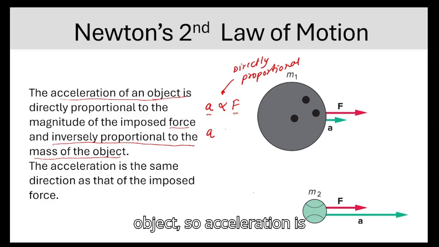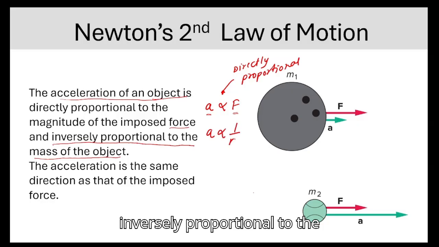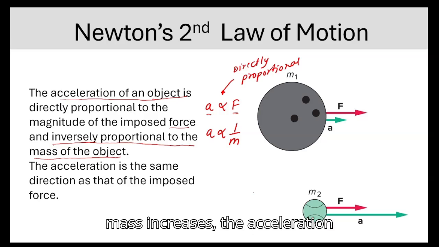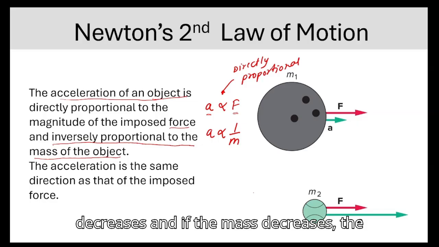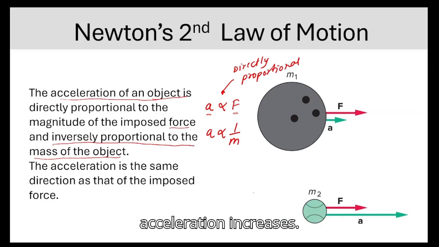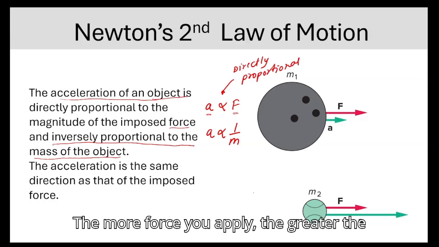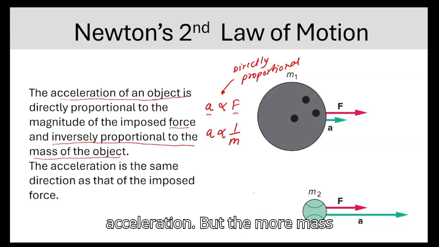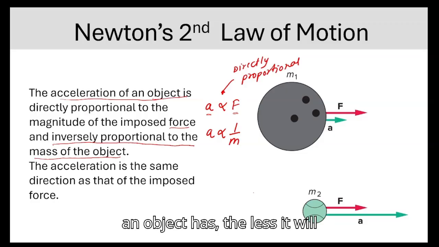So acceleration is inversely proportional to the mass, meaning if the mass increases, the acceleration decreases, and if the mass decreases, the acceleration increases. The more force you apply, the greater the acceleration, but the more mass an object has, the less it will accelerate for the same amount of force.